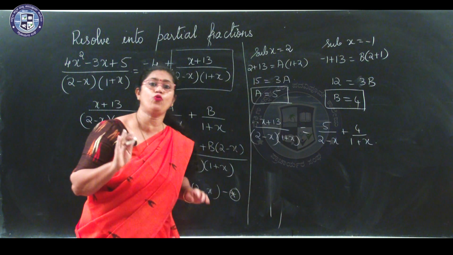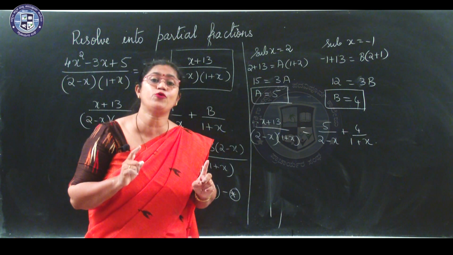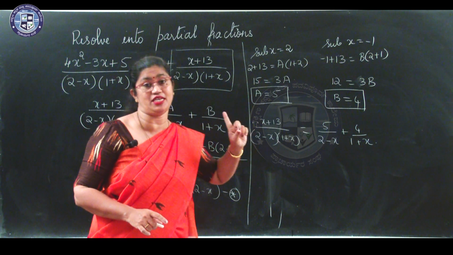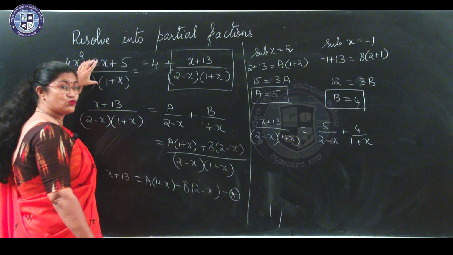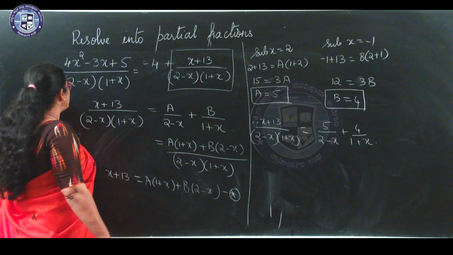It's not over. I have to write what the main question is equal to, because our question was to resolve this one into partial fractions. So, what is this equal to?